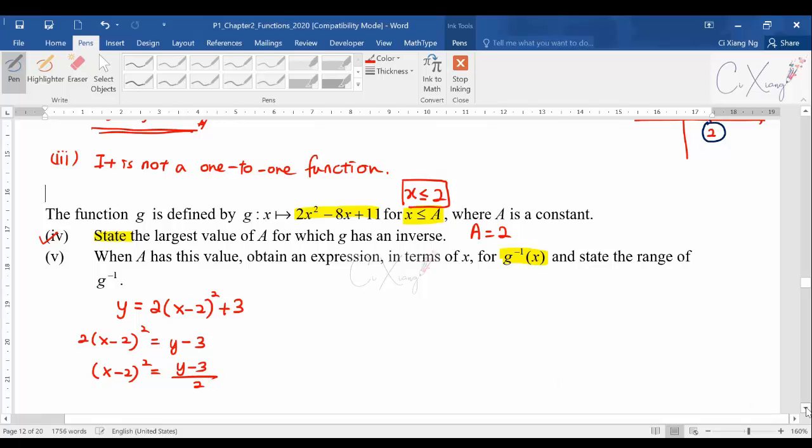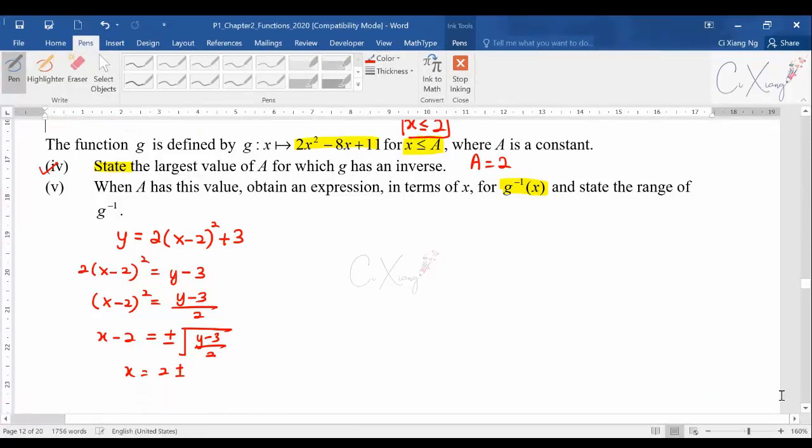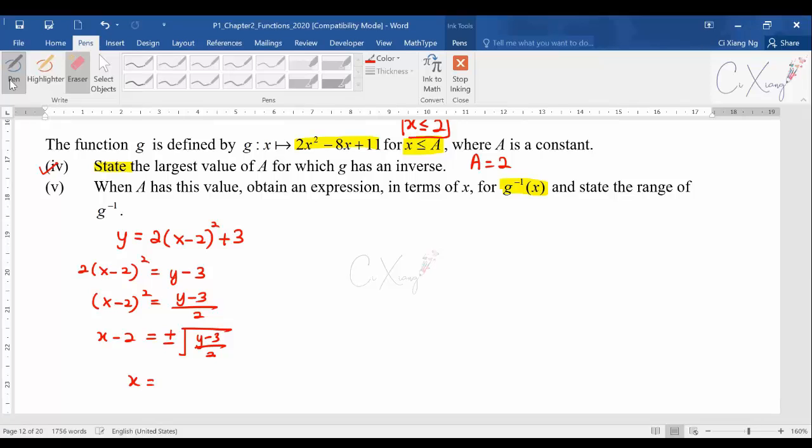And then if you continue further, then you will have x minus 2 equals to plus and minus sign square root y minus 3 divided by 2, and after that you are having this. Okay, so sorry, I rephrase it again. Move the 2 over.